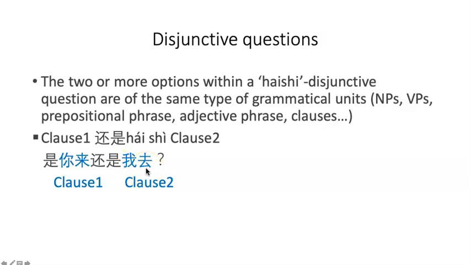So in addition to the previous grammatical units, such as noun phrases, verb phrases, prepositional phrases, and adjective phrases, 还是 can even connect to clauses, as long as they are of the same grammatical type. They can be in the disjunctive question connected by 还是. 是你来还是我去 is also a disjunctive question.